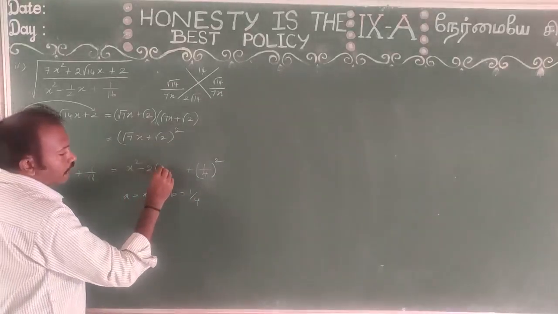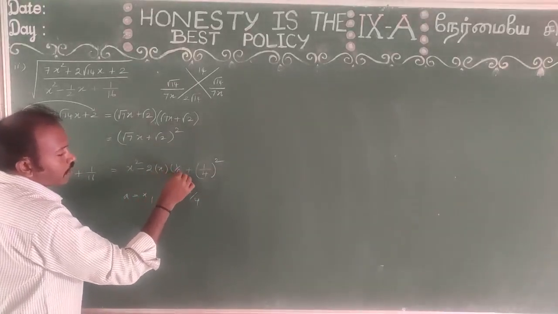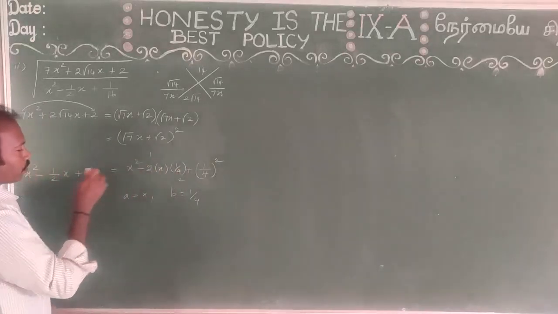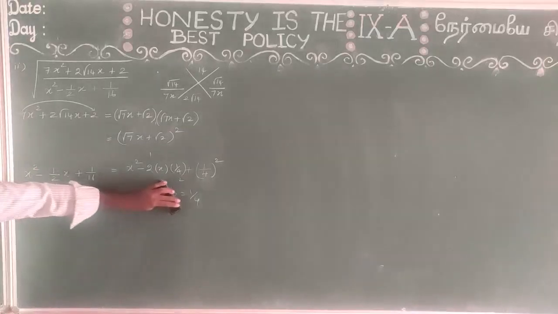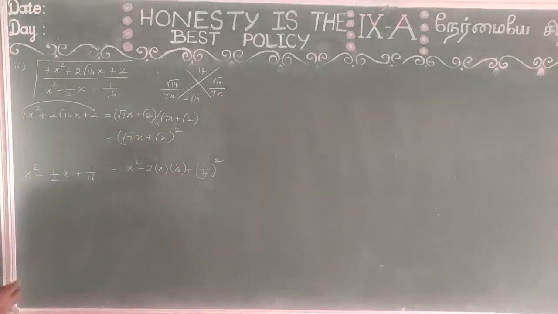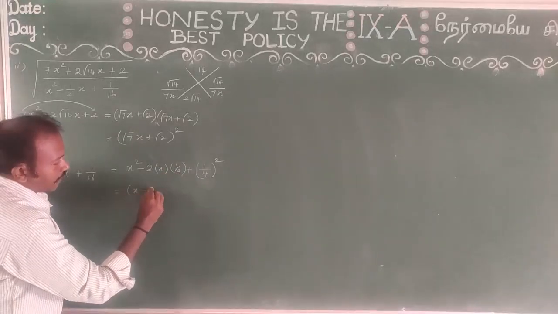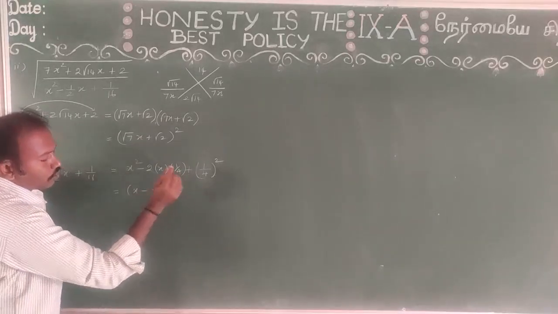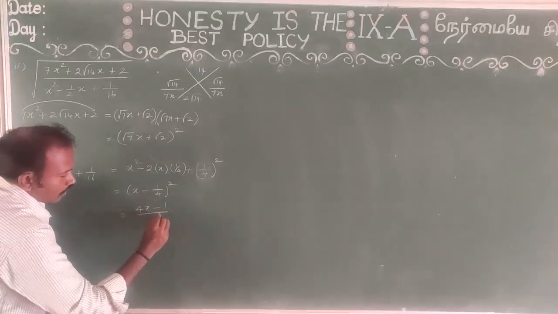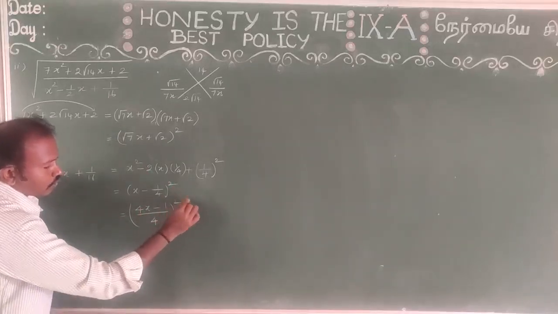Then 2ab: 1 2 is 2, 2 2s are 4, answer 1 by 2x, correct. So a square minus 2ab plus b square is equal to x minus 1 by 4 the whole square. That is 4x minus 1 divided by 4 the whole square.